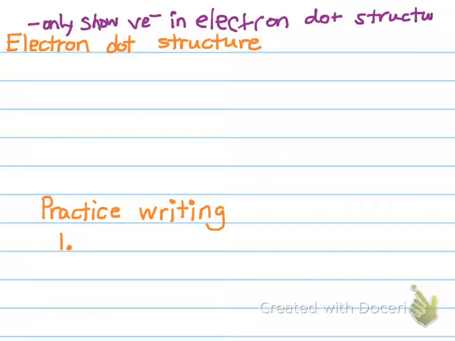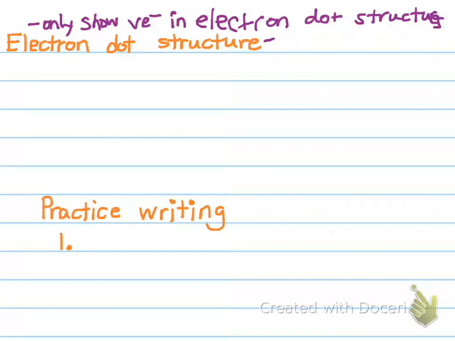Because it's only the valence electrons that are involved in forming chemical bonds, as we start to look at these electron dot structures, the only electrons we're going to show are those valence electrons.